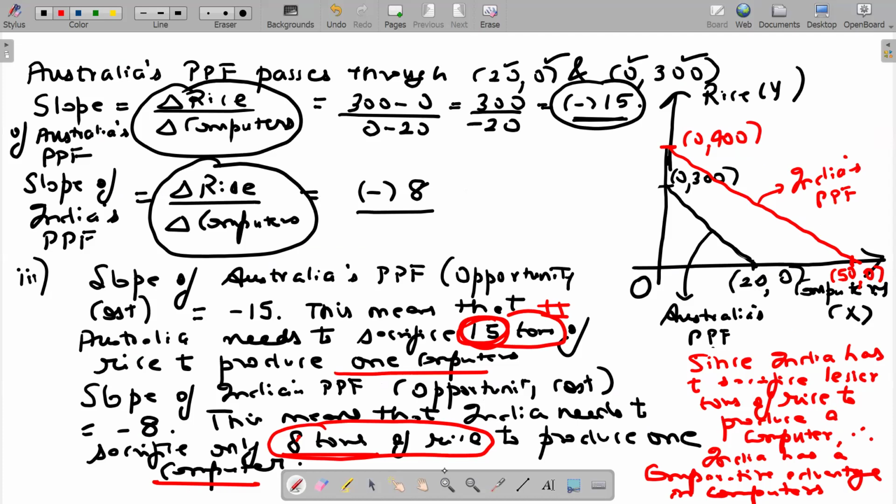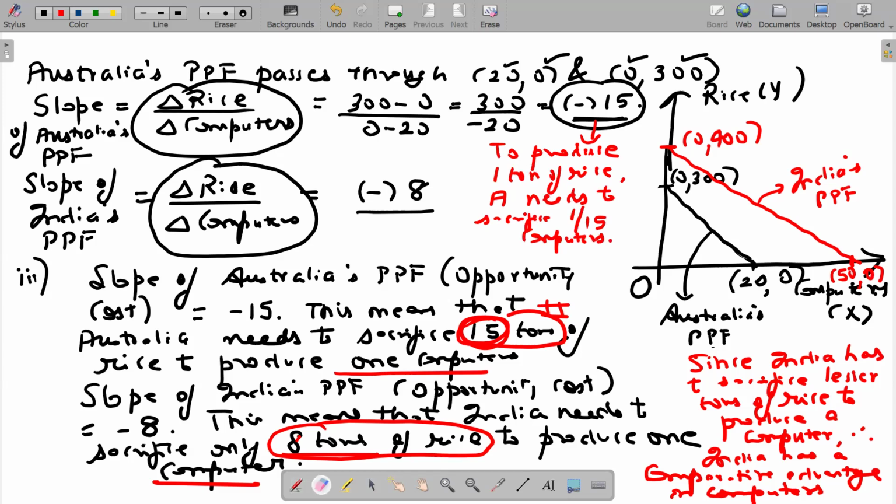I can also say that to produce one more ton of rice, Australia has to sacrifice 1 by 15 computers, whereas India has to sacrifice 1 by 8 computers. I can also write it like this. To produce 1 ton of rice, Australia, A means Australia, needs to sacrifice 1 by 15 computers.